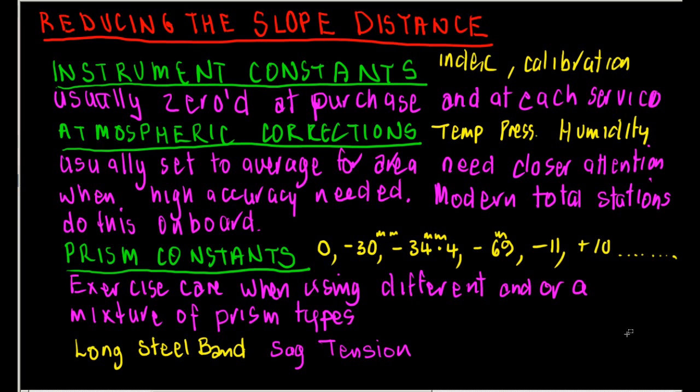Reducing the slope distance. Instrument constants. One of the things we do quite regularly with our gear is we calibrate our gear. In other words, we measure known distances with our gear, and then we work out constants and what have you that we need to apply to those measured distances, so that when we measure other distances we get the correct answer.